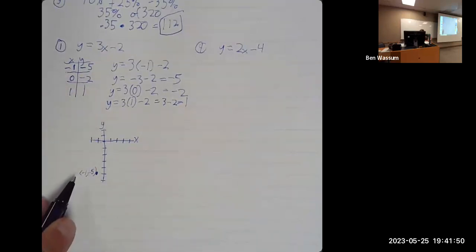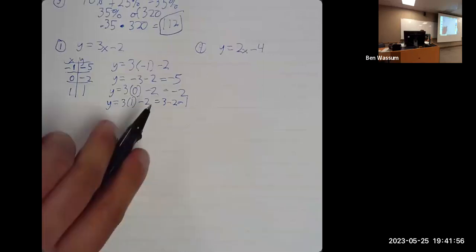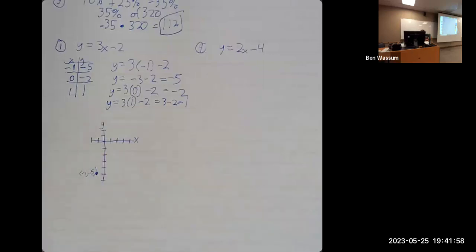Now, another reason that we label our points is that if we make a mistake and our 3 points are not on the same line, we're able to look at our label and say, oh, is that correct? Which in this case it is.